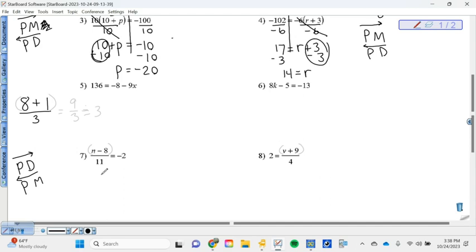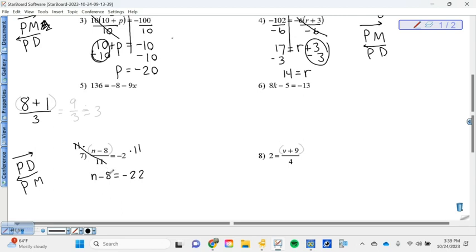So what am I dividing by in number 7? 11. How do I undo dividing by 11? So I've got to multiply both sides by 11. These 11s are going to cancel out. So now I've got n minus 8 equals negative 2 times 11, negative 22.